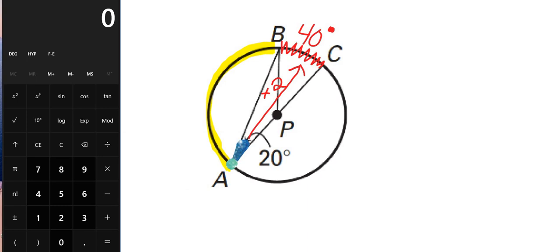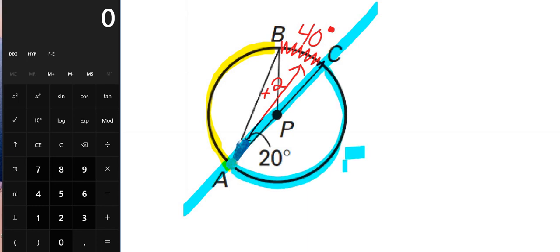But the other thing you should notice is that line segment AC passes through the center, meaning it's a diameter. So it's cutting your circle into 2 equal parts, meaning the arc from A to C is going to equal 180 degrees.